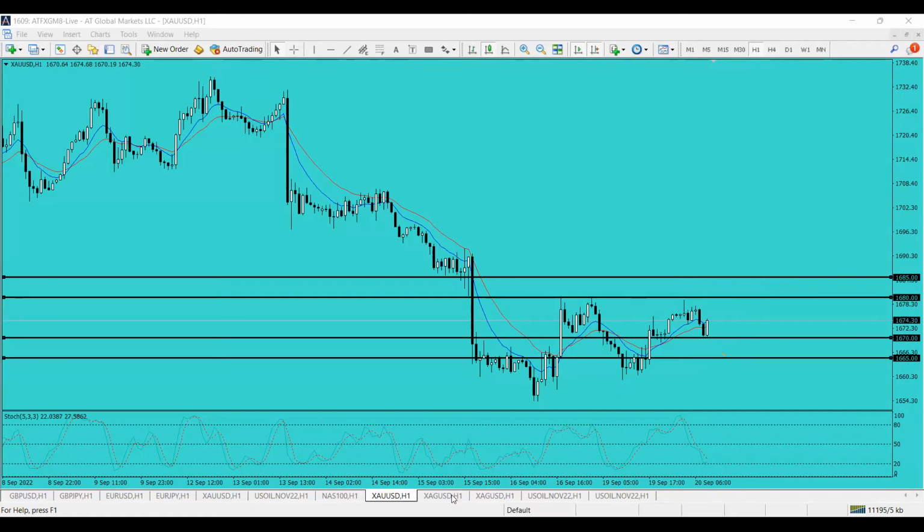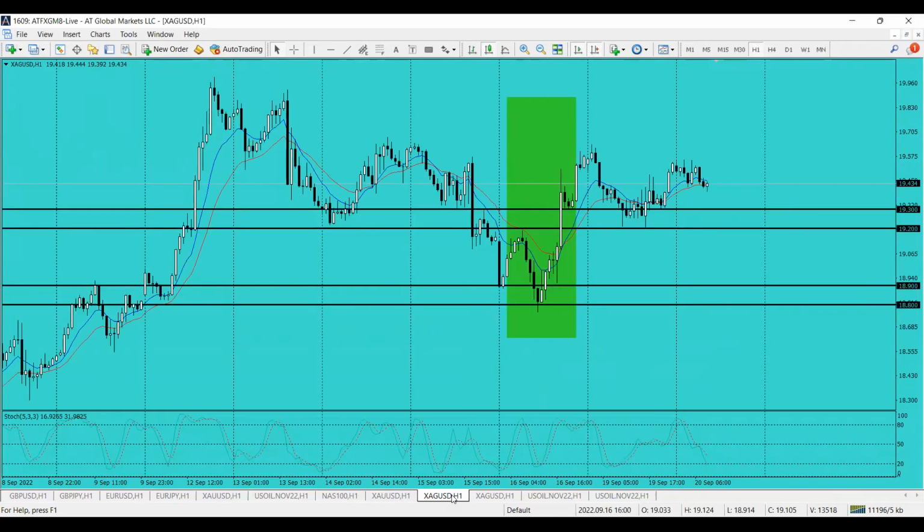For silver, I already highlighted the previous analysis last Friday. The levels that I gave you for silver were 19.20 and, of course, 18.90. In the early sessions, the price of silver traded below 18.90 and went to 18.80.